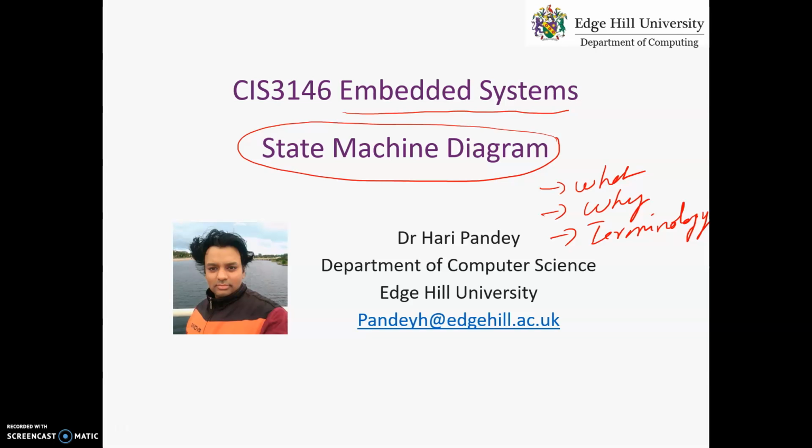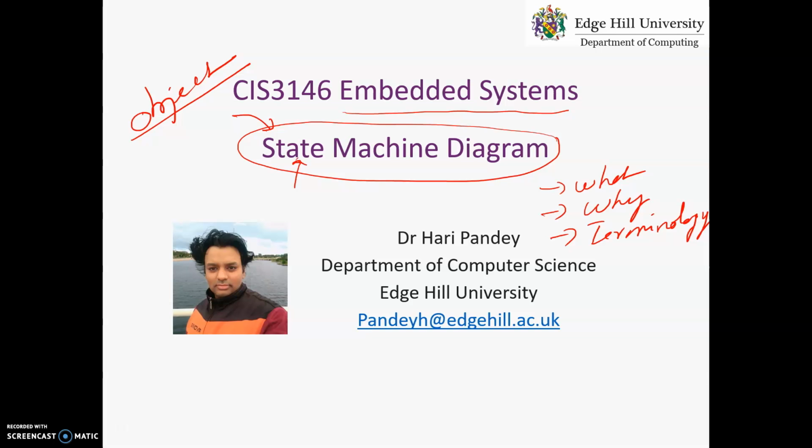So here the term state indicates that we want to understand the sequence of events for an object. I will explain all these things in the coming slides in this video lecture, but I'm just giving a brief idea about why we call it a state machine.